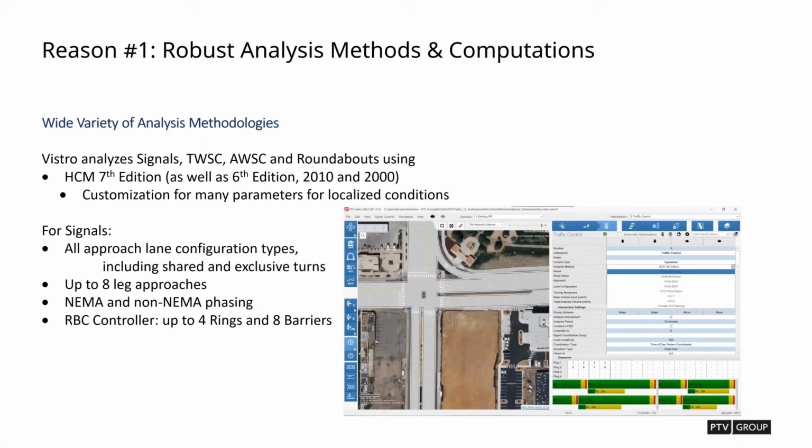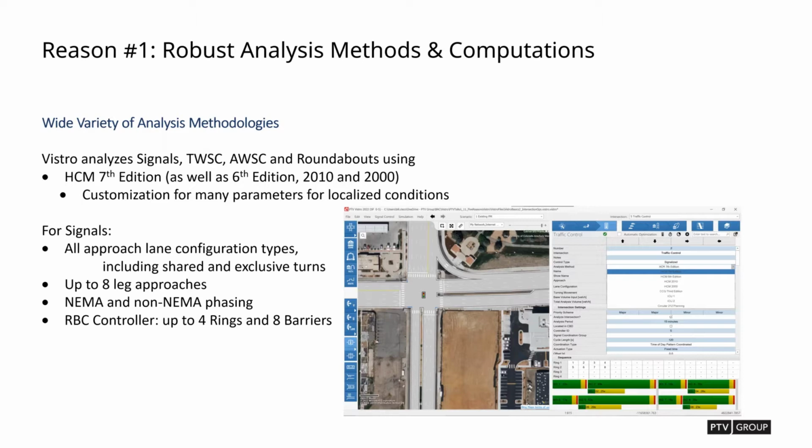Okay, so a recap to remind ourselves of what methods are in PTV Vistro and how it stands apart. We do have the HCM 7th edition, which is newly released by TRB this year. We had a previous webinar on that earlier this year for Vistro's implementation of the 7th edition with such great features now for signalized intersections and roundabouts, where you can plan and analyze the effects of CAVs in your network at various penetration rates and how that affects saturation flow rates and capacities.